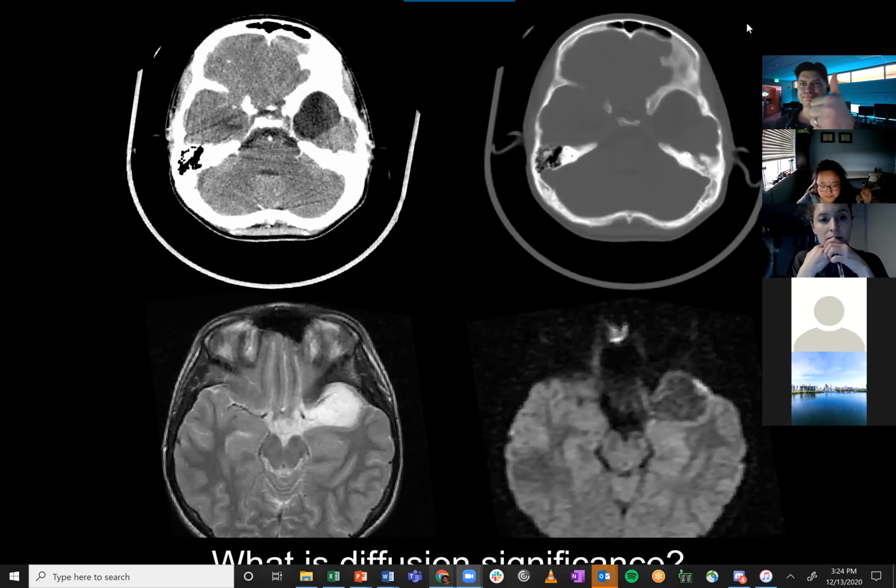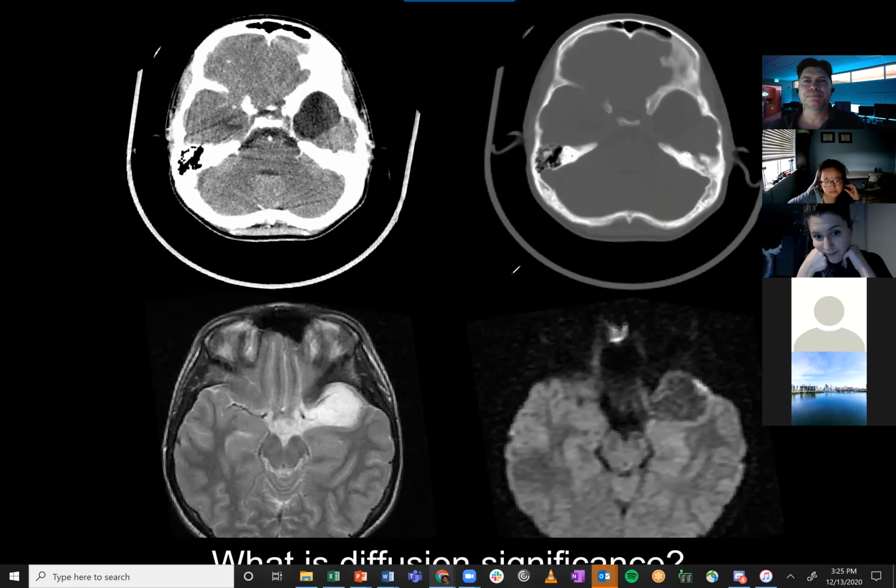Yes, ma'am. Okay. So this case, top left, we have a non-contrast CT, then a post-contrast CT, and the bone window of the same. On the bottom left, we have a T2 axial MRI and diffusion MRI.